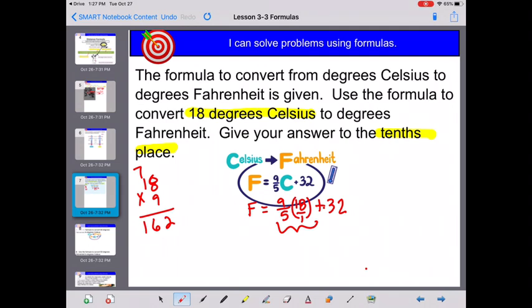And you get 162. 162 over 5 times 1 is 5. 162 divided by 5. Five goes into 12 2 times.